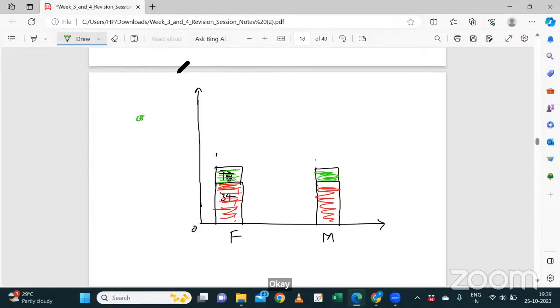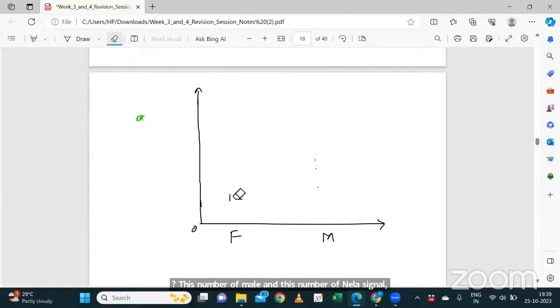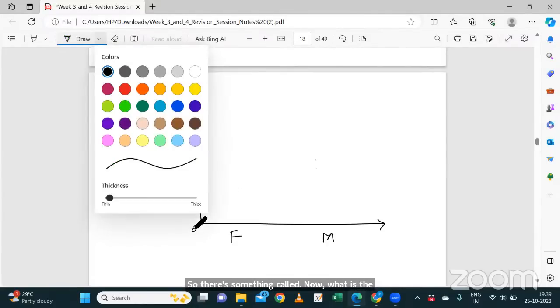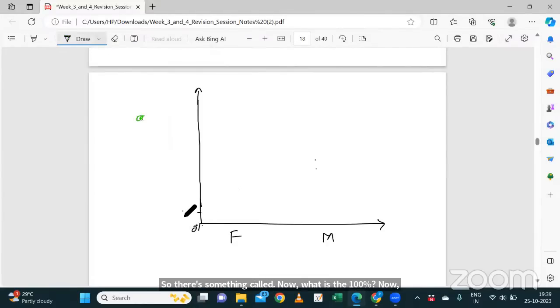Now, what is the 100% stacked bar chart? Basically, 100% stacked bar charts are very useful to compare the same thing. Suppose this is 0%, and the scale we can decide, like 5%, 10%.